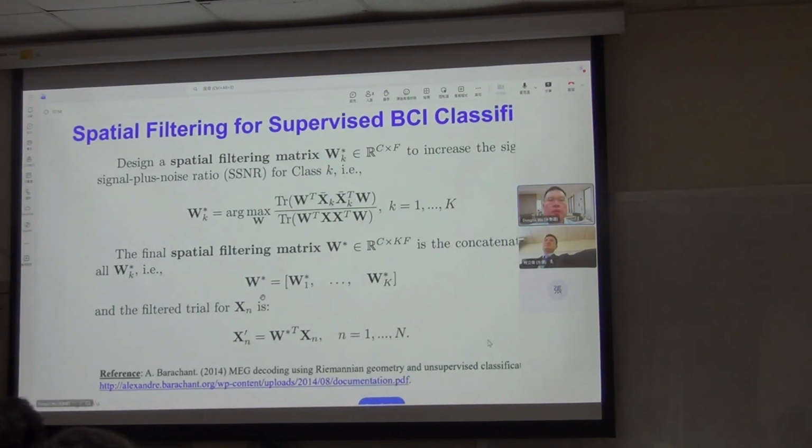So these common spatial filters are very effective for motor-imagery-based BCIs. Here, we want to extend this spatial filtering approach to regression problems for EEGs. First, let me introduce the general idea of spatial filtering for supervised BCI classification.